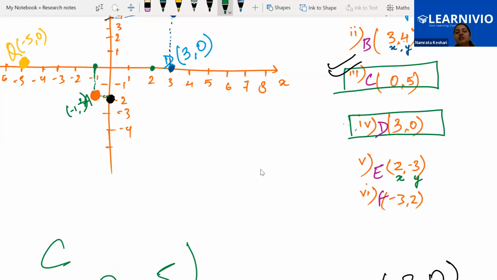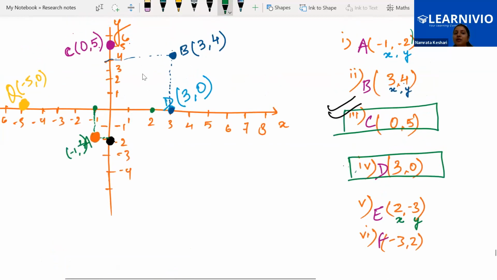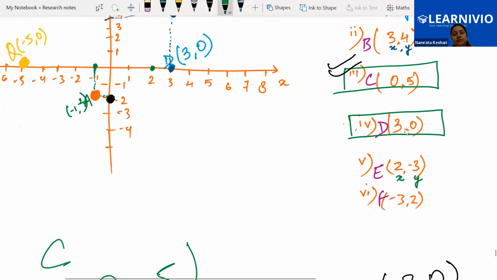We know that y is -3 will be, Heather, will it be on the upside of the vertical line, upward direction or downward direction? For point E, y is -3. Downward direction.